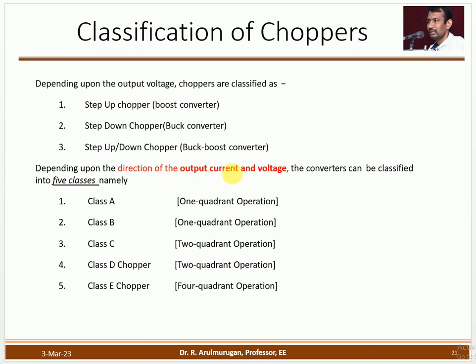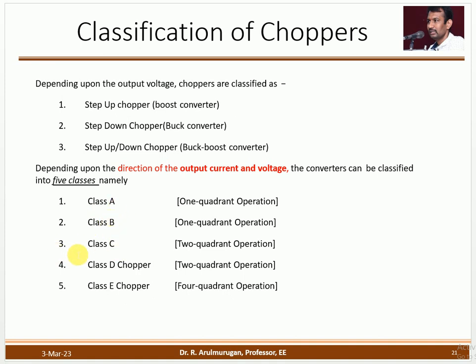Direction of the output current and voltage wise, it is classified into 5 types: Class A, B, C, D, E. A is 1 quadrant, B also 1 quadrant, C is 2 quadrant, D also 2 quadrant, and class E is 4 quadrant. Class A is nothing but a buck converter. Class B is a boost converter. Class C is a combination of A and B, buck converter and boost converter.